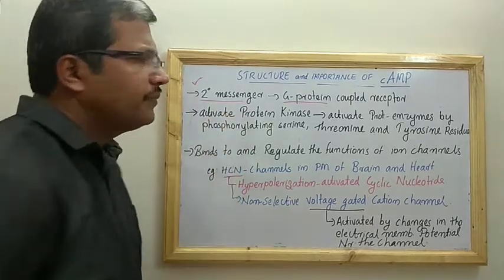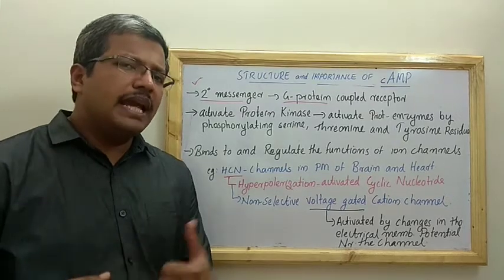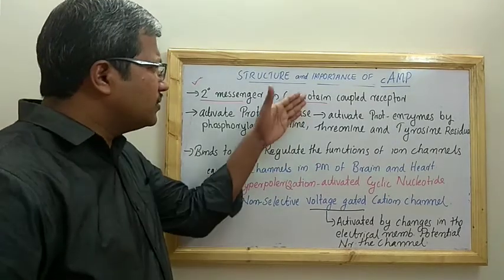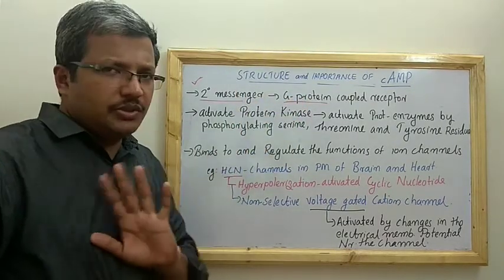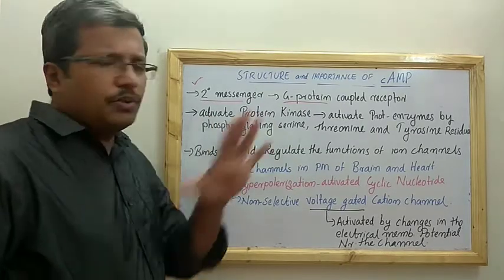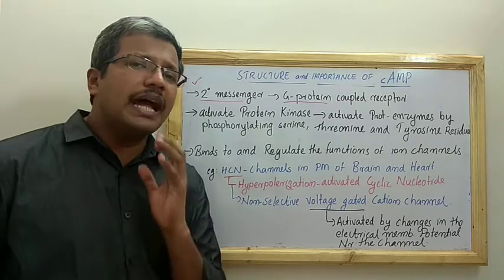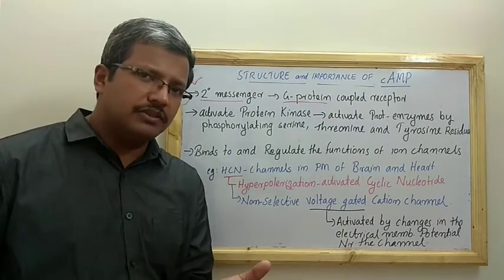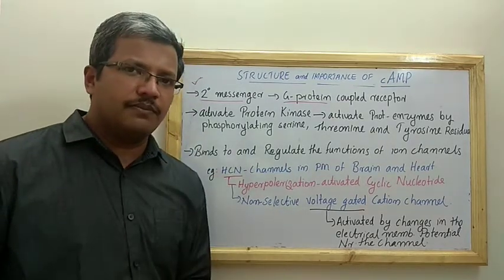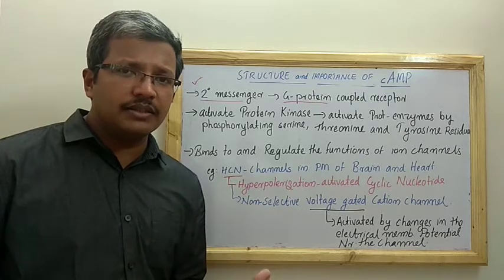Second thing is, the cyclic AMP will be activating protein kinase. It's actually the extension of this particular function only. It can activate protein kinase, and this protein kinase in turn will be activating other proteins which are especially enzymes. And how will they be activating the enzymes?